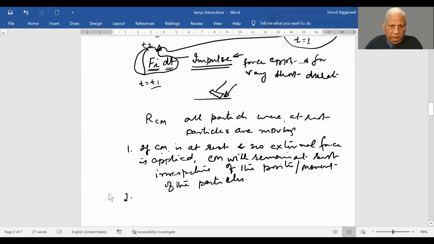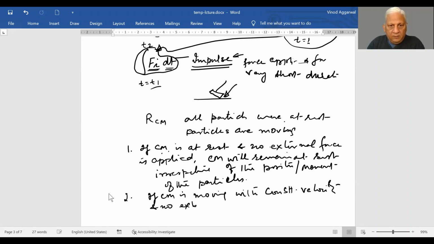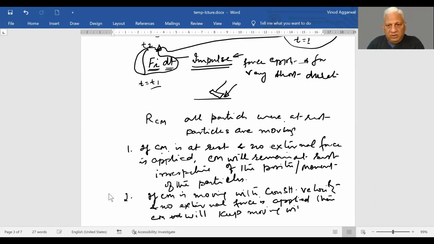The second case is if the center of mass is moving with constant velocity and no external force is applied, then the center of mass will keep moving with the same velocity.